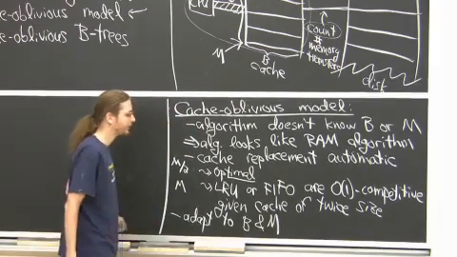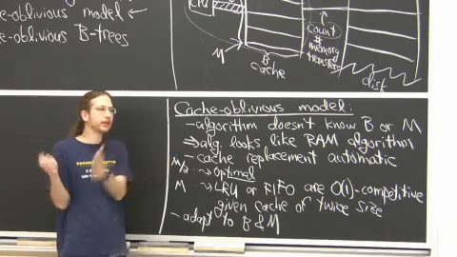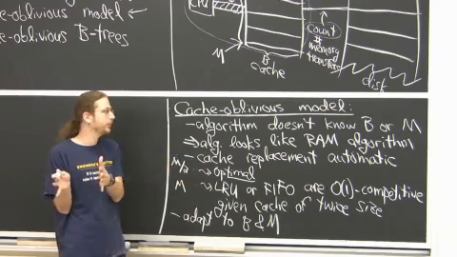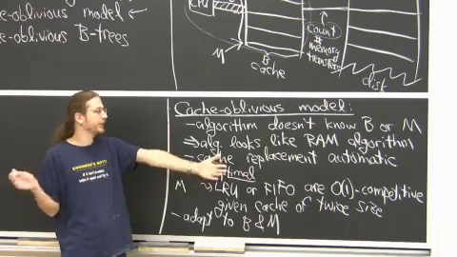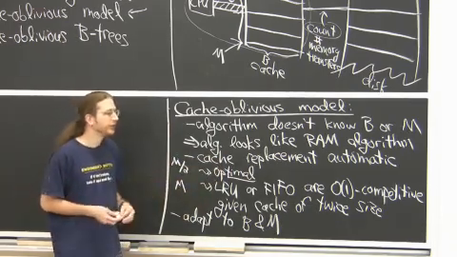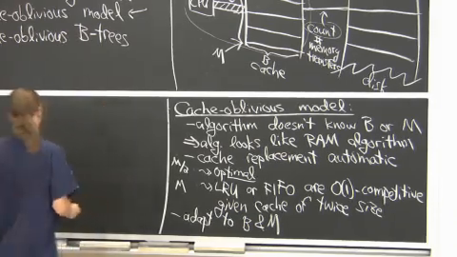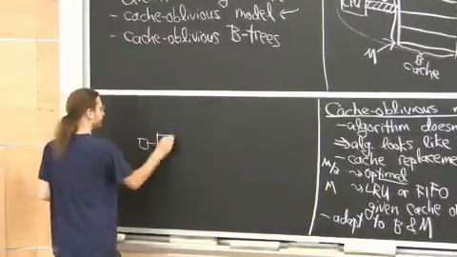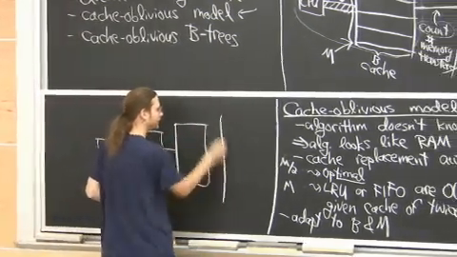Two nice side effects of that are that if you have a multi-level memory hierarchy, each level has its own B and its own M. If you use a cache oblivious algorithm and all of those caches are maintained automatically using one of these strategies, then you optimize the number of, maybe I should draw a picture. Here's a multi-level memory hierarchy.